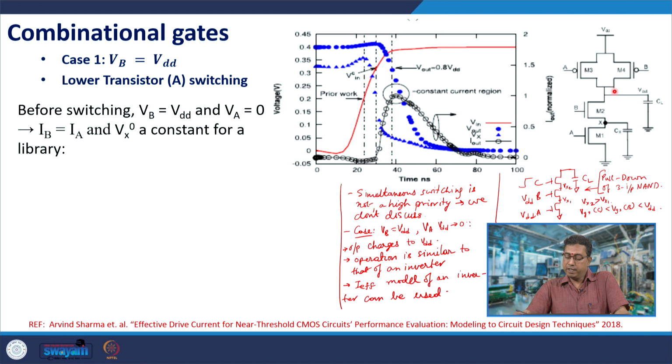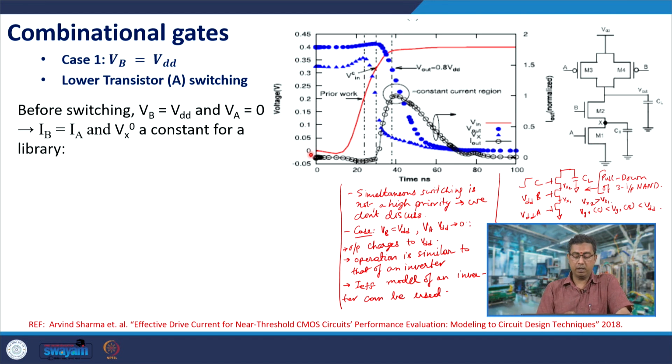M2 has a drain voltage which is larger than that of M1, and M2 has a gate voltage which is again VDD, which is larger than that of M1. Whatever the value of Vx, it would be smaller than VDD because Vout is at VDD, and therefore VGS of M2 would be larger than VGS of M1, because M1 would have a VGS of 0.